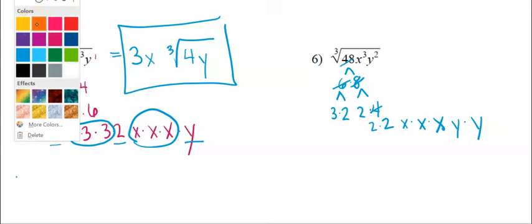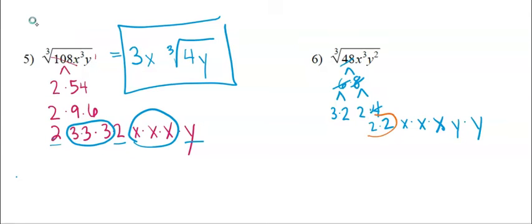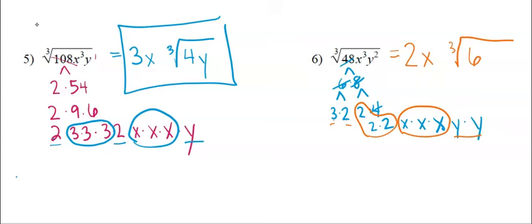So if we look for triples, I have 3 2's, 3 x's, and single, single, double. So we'll put all of those inside. So 3 times 2 is 6. Y times y is y squared.